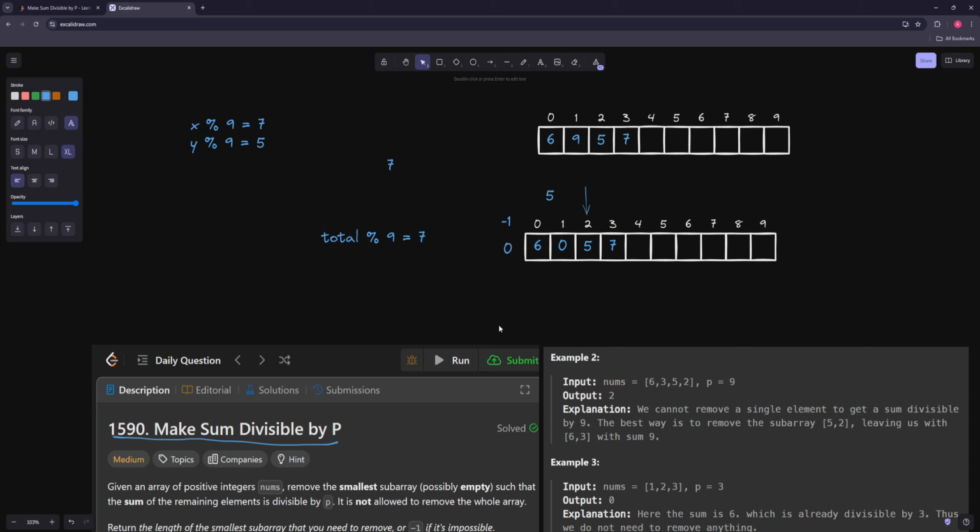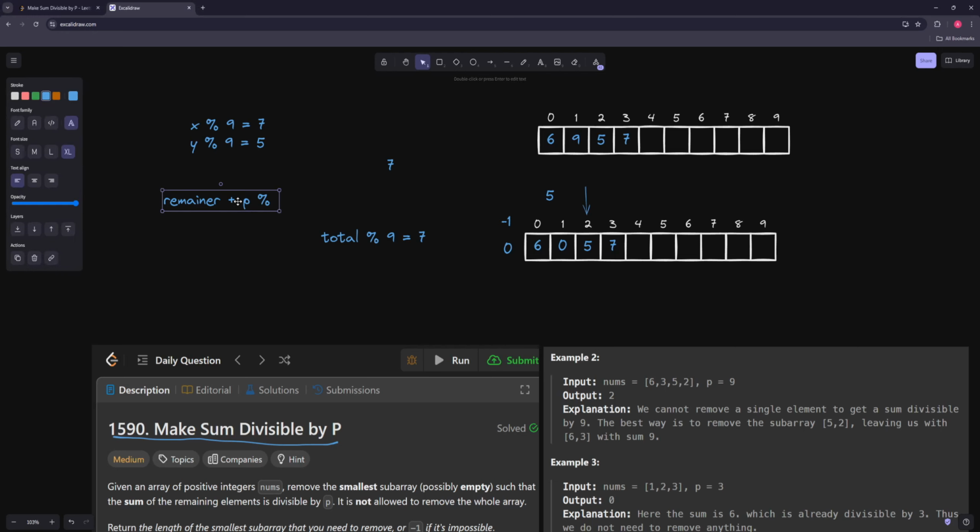The general formula would be something like: you take whatever remainder you have, and you add p just to make sure your number is never negative, and then you mod it. Actually, let's see. You take the remainder that you have, you add p, which in this case would be 14. No, I don't think we can do that. I think it would be more like p minus that or something, right? Let's think.